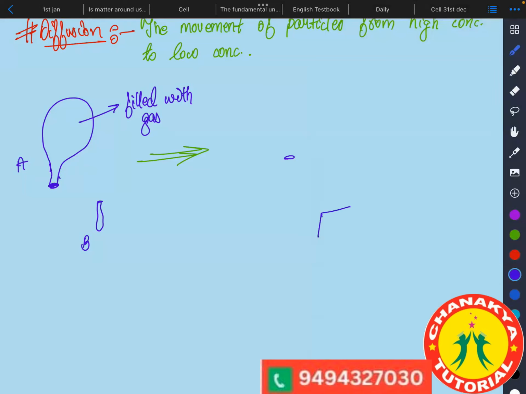I am taking that this is my room, and everything outside is the surrounding. First thing, there is cold outside. So in terms of hot and cold, which one will have higher energy? Hot.